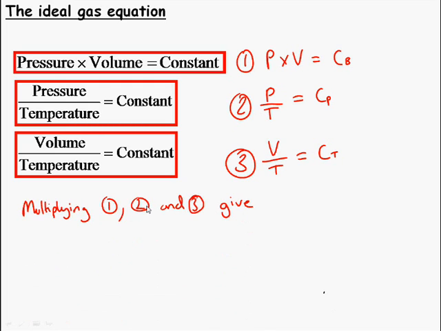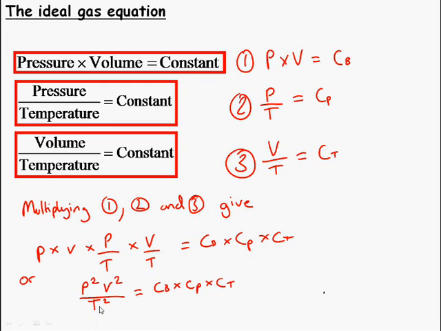Right, if I multiply 1, 2 and 3, P times V, P over T, V over T, and so on, and CB, CP, CT, I can simplify this to P squared V squared over T squared.